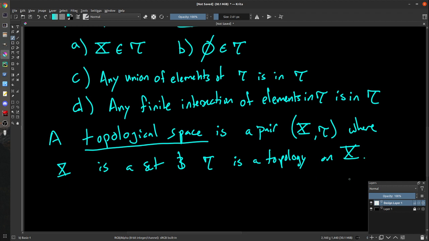It just is probably a lot more abstract than maybe you've seen before. All we're doing is grabbing a set, grabbing pieces from it, and those pieces have to fit together nicely. We have to have enough of them.